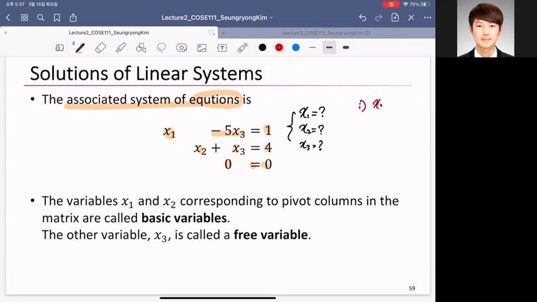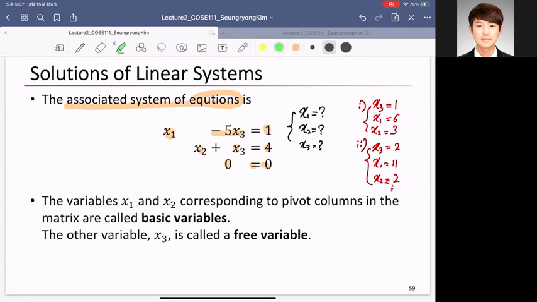if x3 is equal to 1, x1 is equal to 6, x2 is equal to 3. This is one possible solution. And if x3 is equal to 2, then x1 is 11, and x2 is 2. There are infinitely many solutions.